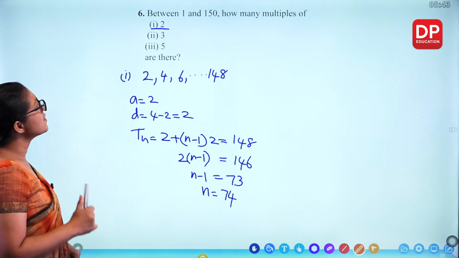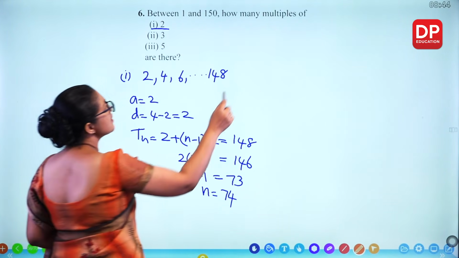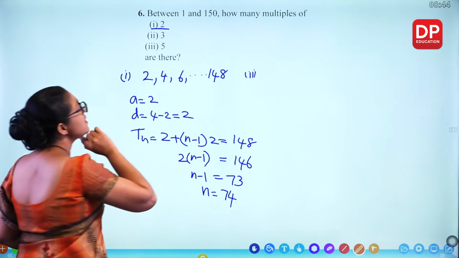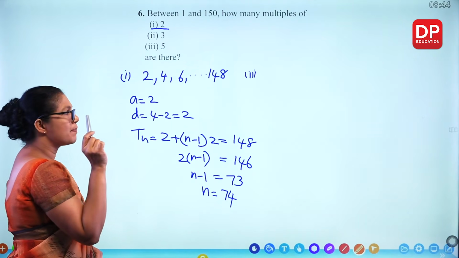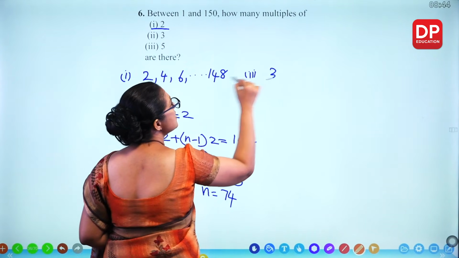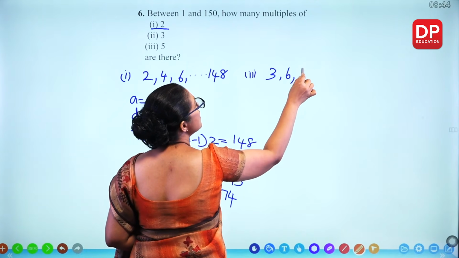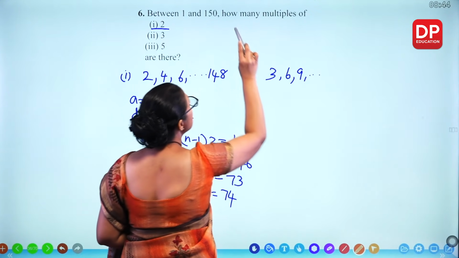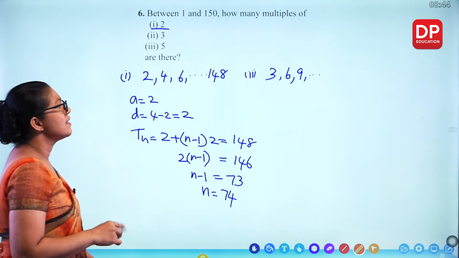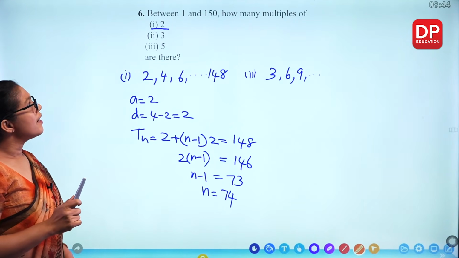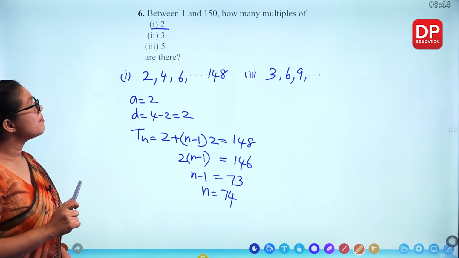Now we'll take the next one, second part. Multiples of 3. What's the first multiple? First multiple is 3. What's the last one? Second one is 6, 9, like that. What's the last number you can get? 149. Is this divisible by 3?